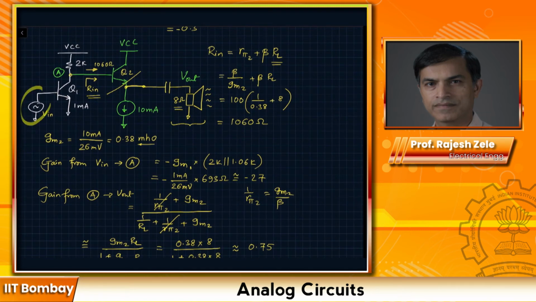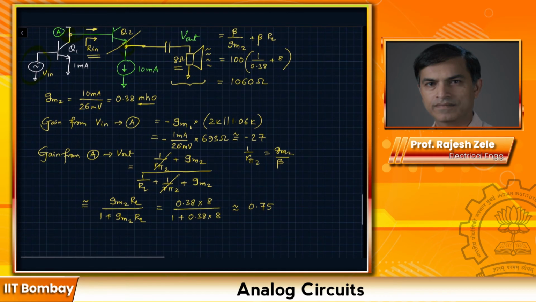From input to node A, we got a gain of approximately 27, and from node A to output, we got a gain of 0.75. So the overall gain will be 27 times 0.75, which is equal to 20.3.